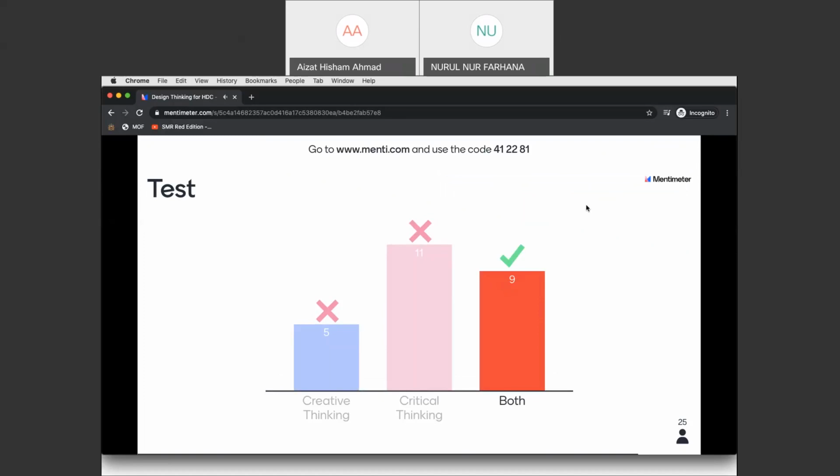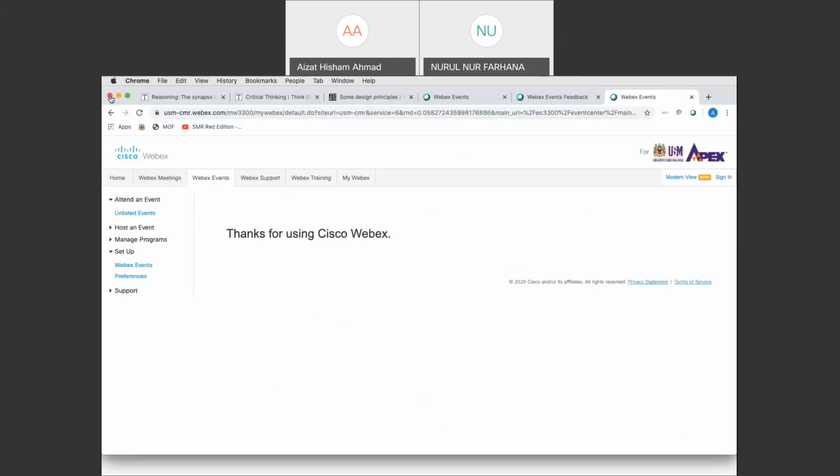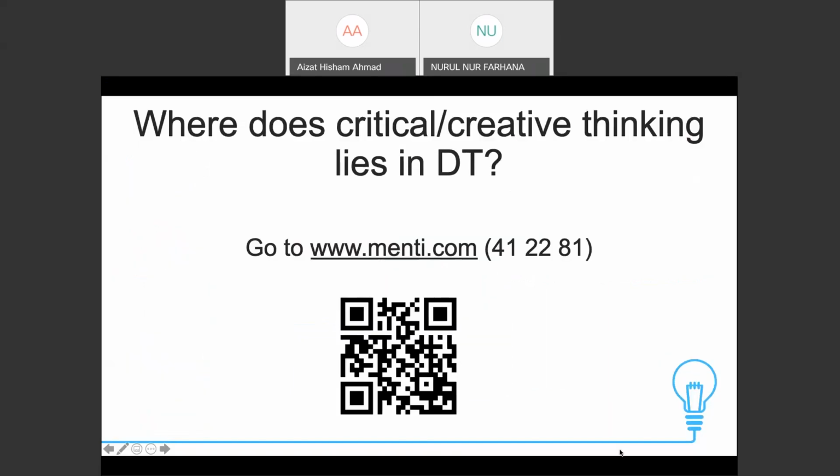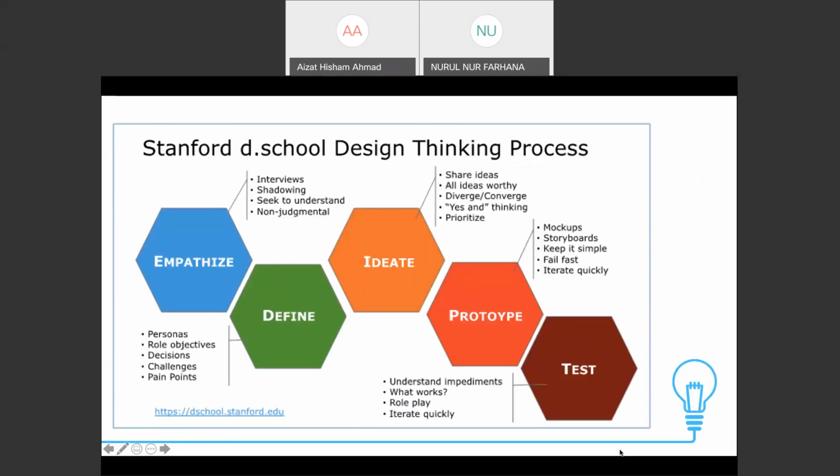Now when we talk about testing, let's go back to the screen. All right, guys. When we talk about testing, there are two types of thinking involved here, which are both critical and creative thinking.